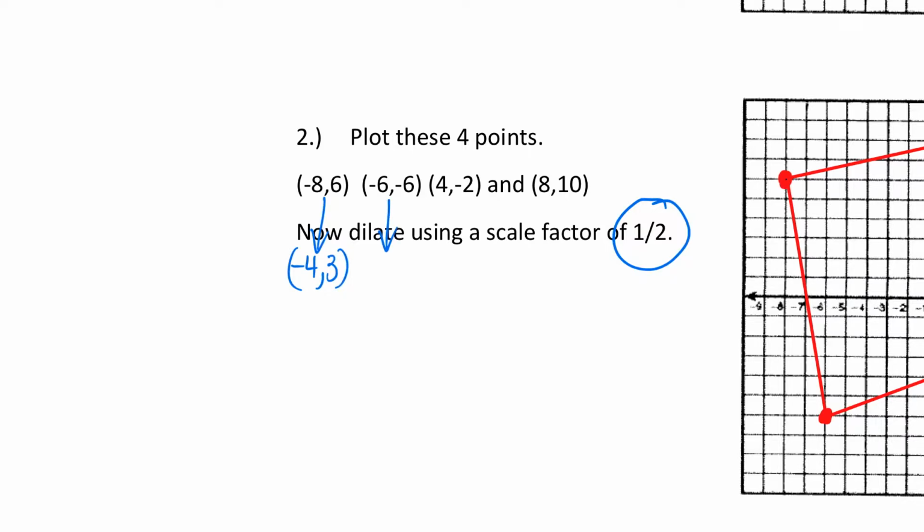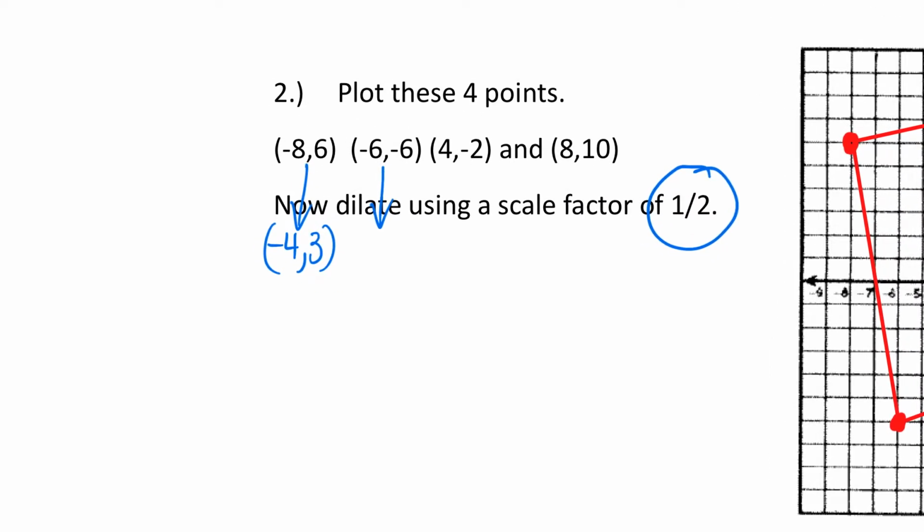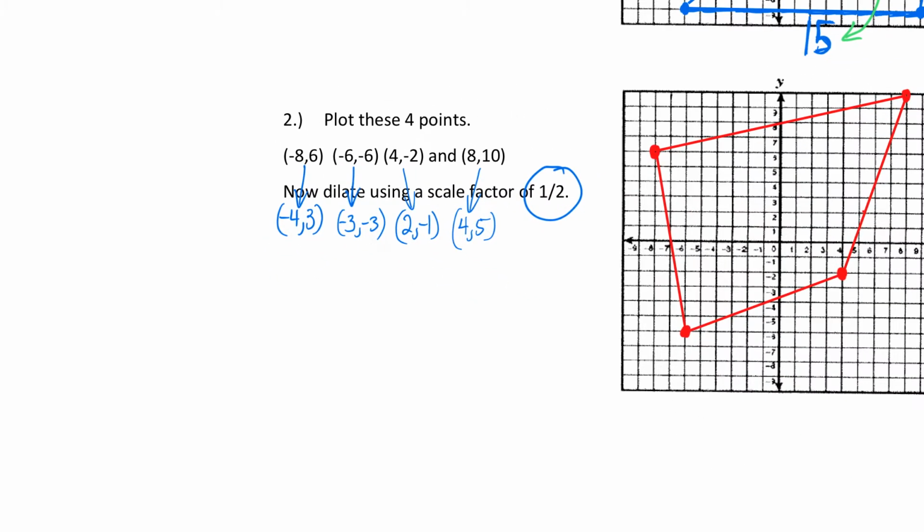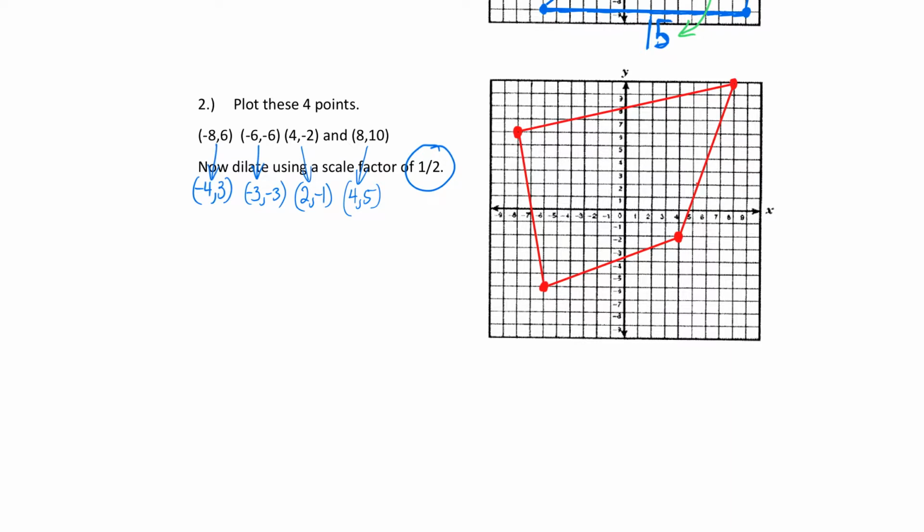What is the -6, -6 going to turn into? It's going to turn into -3, -3. What's the 4, -2 going to turn into? 2, -1. And then what's the 8, 10 going to turn into? It's going to turn into 4, 5. Okay, so let's plot those new points for our new quadrilateral: -4, 3, -3, -3, 2, -1, and 4, 5.